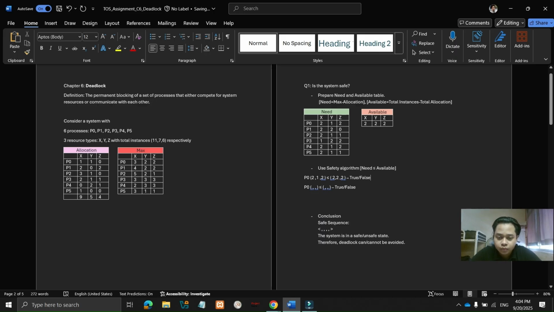So this can be considered true, and therefore we add the allocation. Allocation for P0 is 1 1 0. So we update the available, and we proceed to the next process's need, which is process 1, 2 2 0.